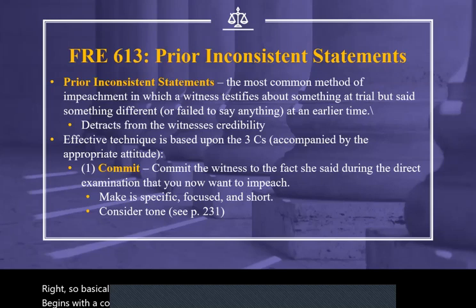The witness will say something on direct, or maybe even cross, but usually on direct, that you now want to impeach them with, right? Because they said some kind of fact, and in an earlier deposition or affidavit or something along those lines, you know, because you know your case, that that's not what that person said before, right?